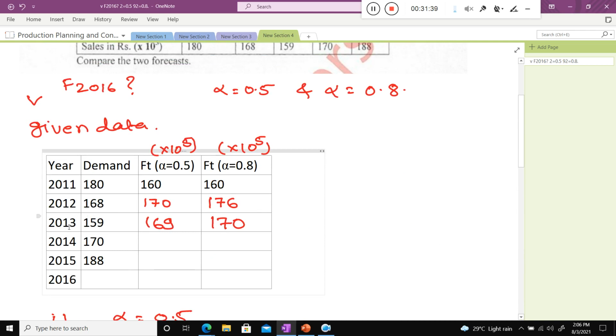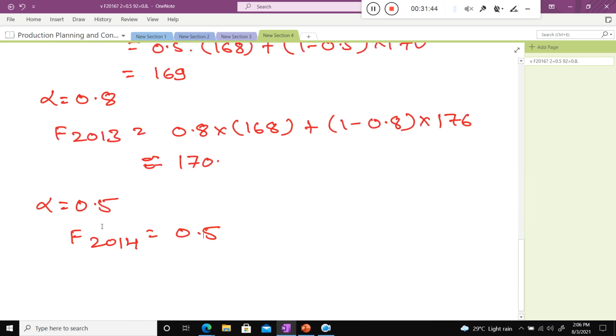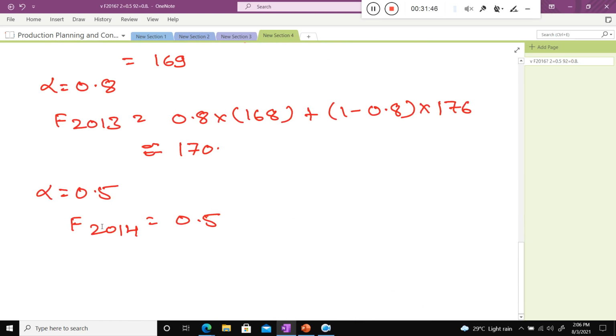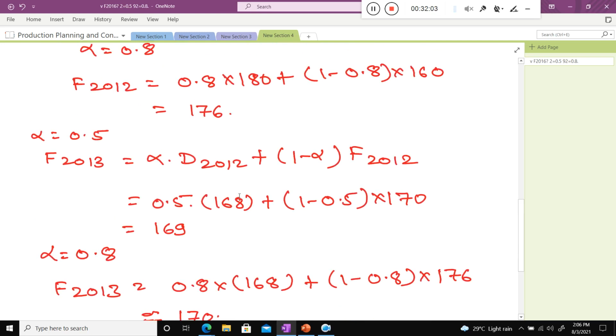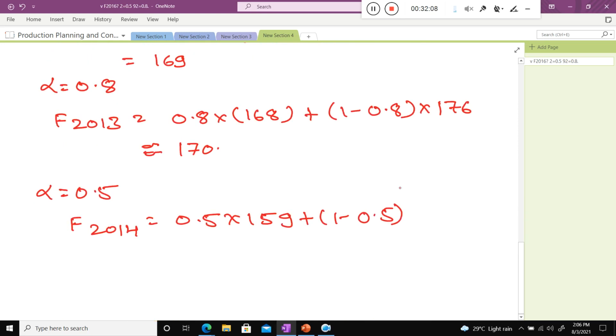So I just put demand is 159 plus 1 minus 0.5, and the forecasting of 2013 for 0.5 is 169, so I put the value 169.